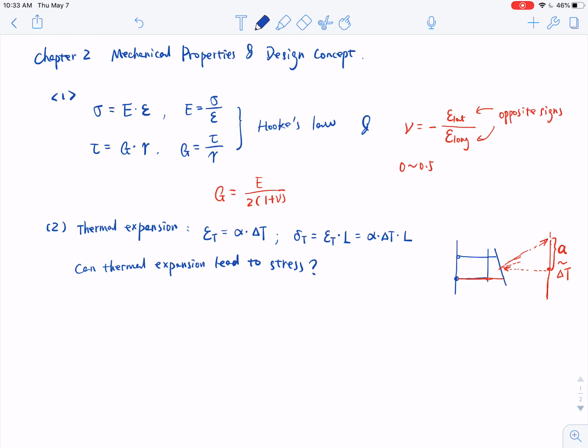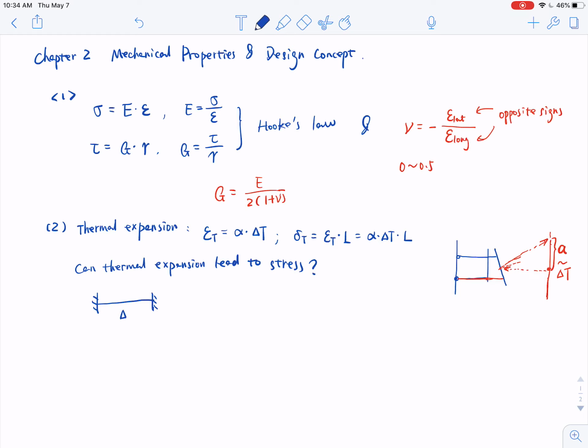When you fix one end, the bar will still be able to deform freely, so no stress will be generated. The case is, how about if you fix two ends of a bar? If a bar is fixed at both ends and you heat it, what will happen?